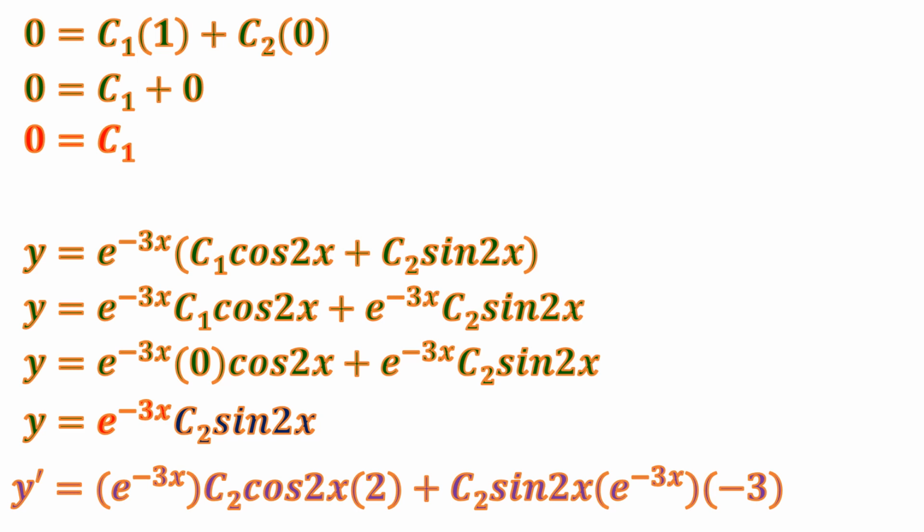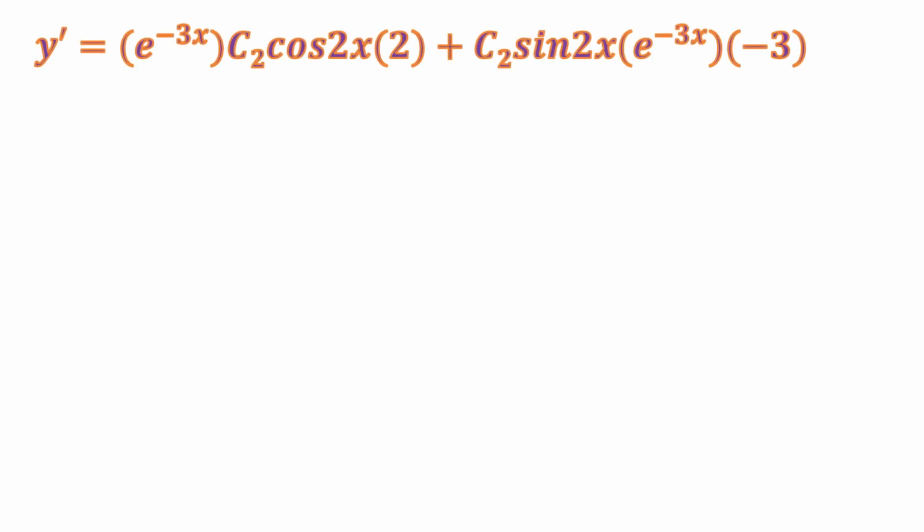The derivative of sine is cosine, and that's why we have c2 cosine 2x, and then chain rule, so derive the 2x, so it's 2. Then we copy the c2 sine 2x and get the derivative of e negative 3x, so it's vice versa. The derivative of e negative 3x is still e negative 3x, but take the derivative of negative 3x, which is negative 3, because of chain rule.